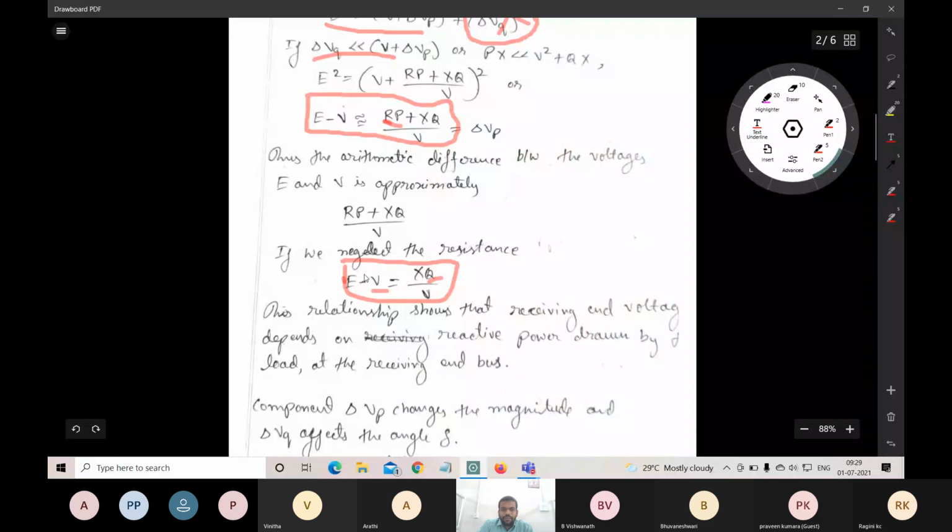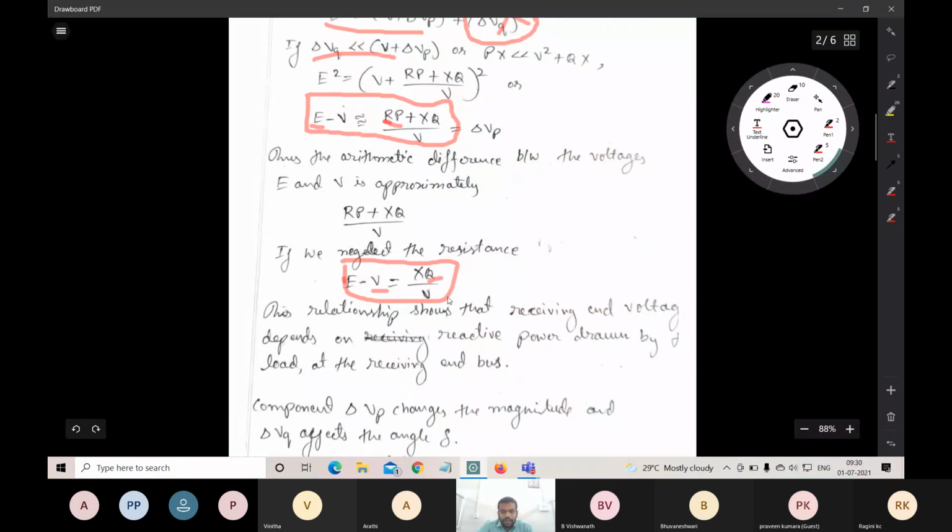And similarly, if you consider the resistance, then E minus V is equal to RP plus XQ by V. The supply voltage depends upon the active power supplied into our load at the supply bus, at the sending end bus. So this is an important relationship.